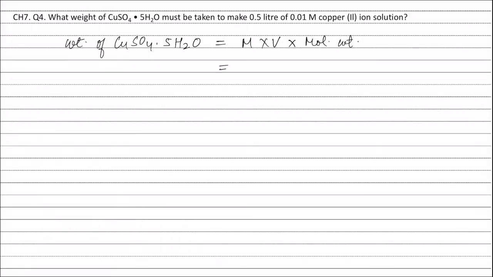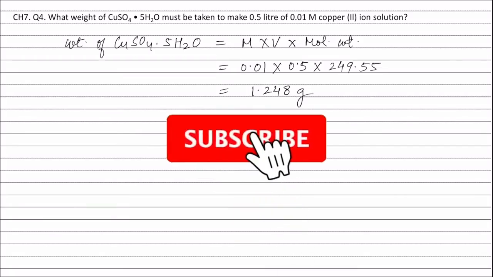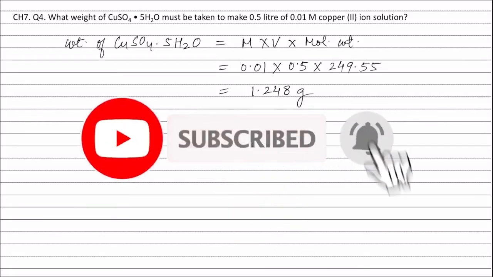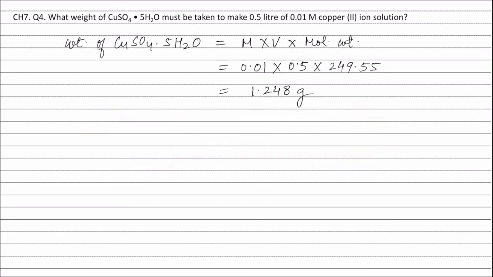So this is equal to molarity 0.01 M into volume 0.5 liters, and molecular weight of CuSO4.5H2O is 249.55, and this is equal to 1.248 grams. Therefore, weight of CuSO4.5H2O is equal to 1.248 grams.